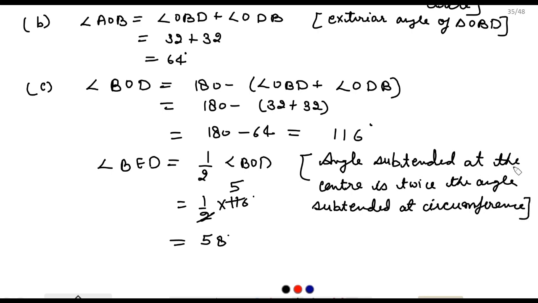Because angle subtended at the center is twice the angle subtended at circumference, and we are considering arc BCD.